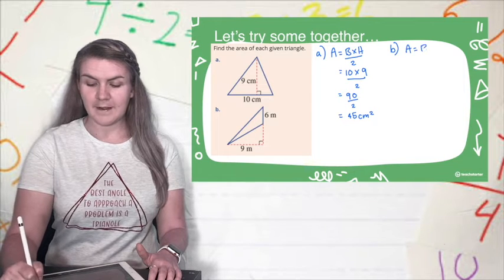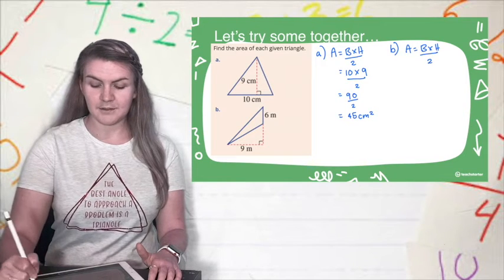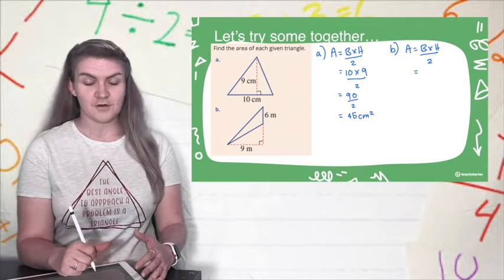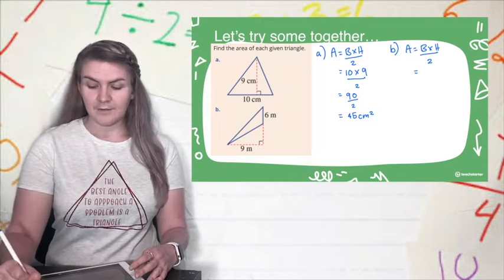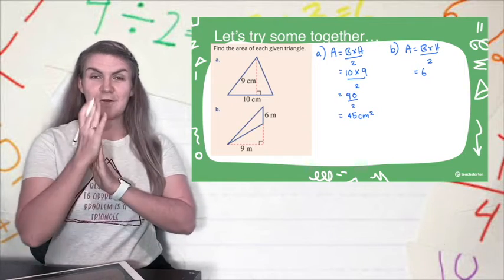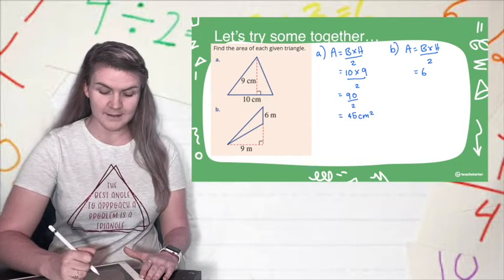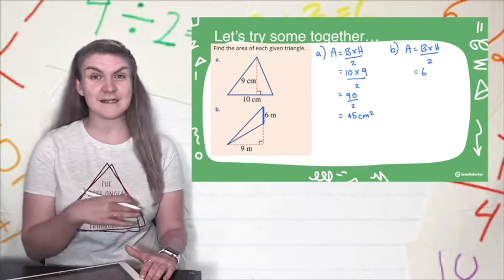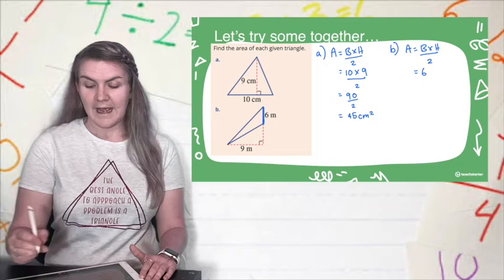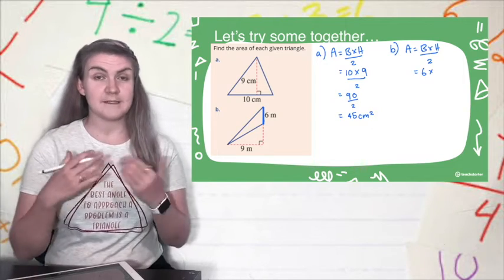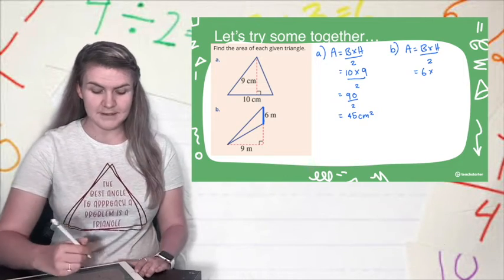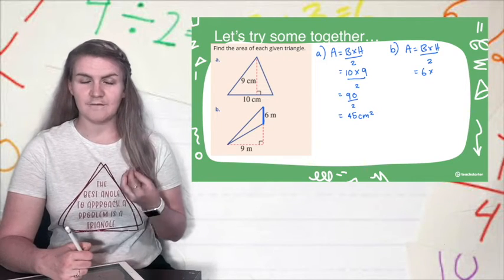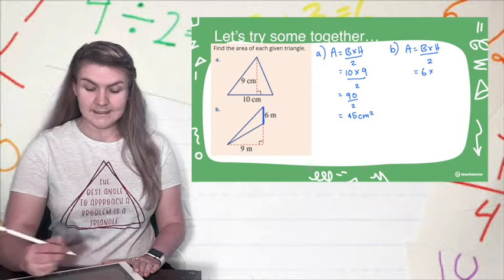B. First we write our formula. Area equals base times height divided by 2. Now we replace our values. The base of this triangle is 6. Now, remembering that the base must be on the flat edge, and here's our flat edge, all right? Base doesn't mean it's at the bottom, remember that. And then our height means the thing that is perpendicular, it's sitting at right angles. And we can see that they've drawn their perpendicular height outside of the shape here, and it is 9 meters.